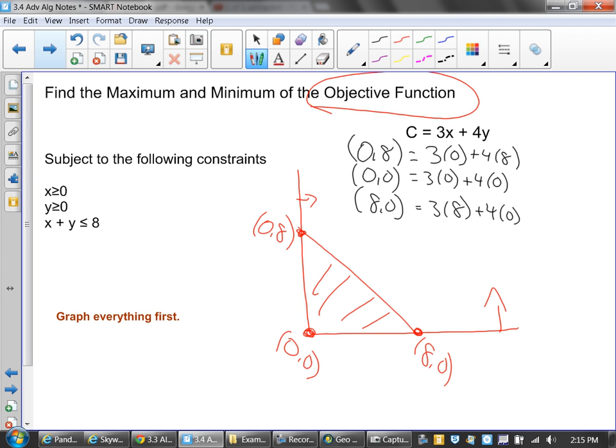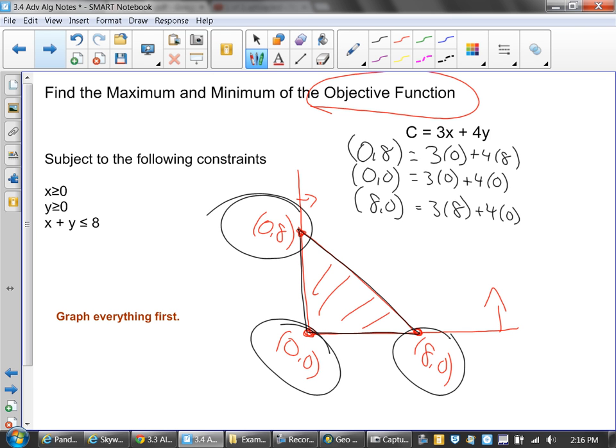All I'm doing is substituting in x and y. All I'm doing is taking those 3 ordered pairs where the boundaries are set, and those are going to be my points to check the objective function.